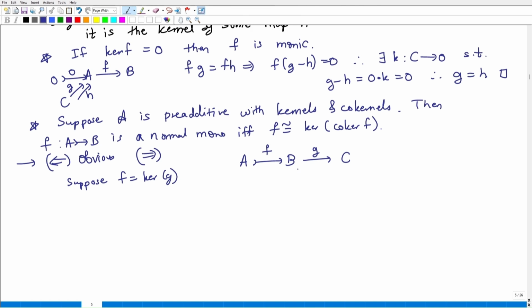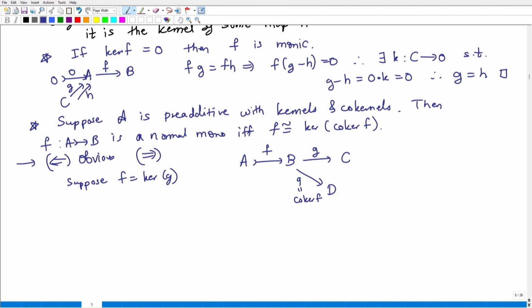But at the same time, I can also talk about its own co-kernel. This is the morphism Q, which we can also write as the co-kernel of F. Every morphism has kernels and co-kernels, so I can define its own co-kernel.